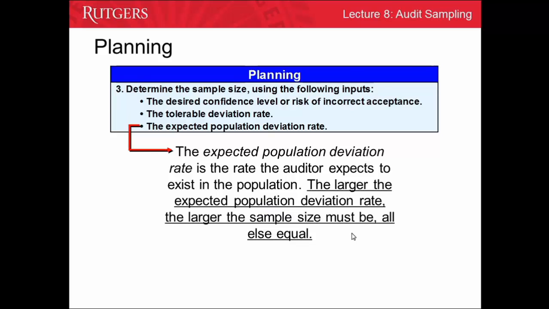Then let's take a look at the expected population deviation rate. The expected population deviation rate is the rate that auditors expect to exist in the population.